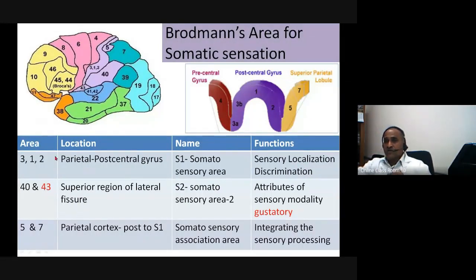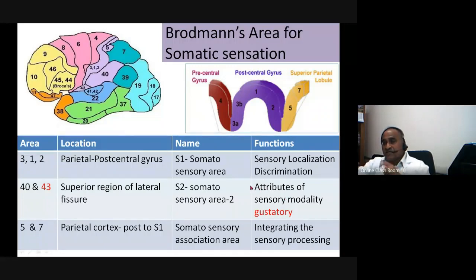Now comes areas 40 and 43. These are color codes I have already made. They are situated superior to the lateral fissure, and this is known as S2, somatosensory area 2, which assists the somatosensory area.